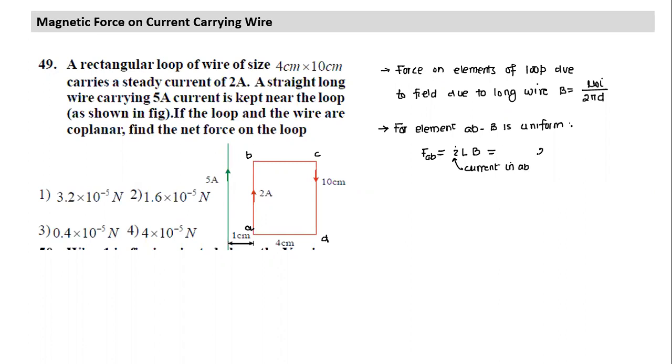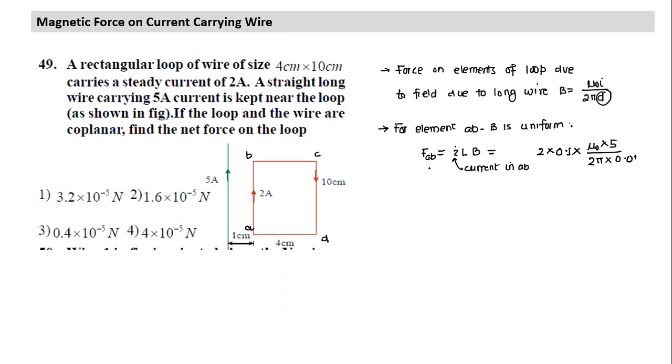I is equal to 2 amperes. Length is how much? 10 centimeters, so 0.1 meter. And what is B at a distance? B is the same, but distance d is equal to 1 centimeter. So let me put these values: mu naught into 5 divided by 2 pi into 0.01.